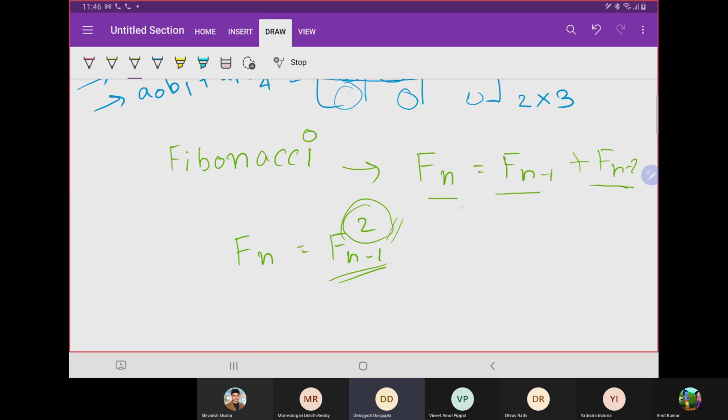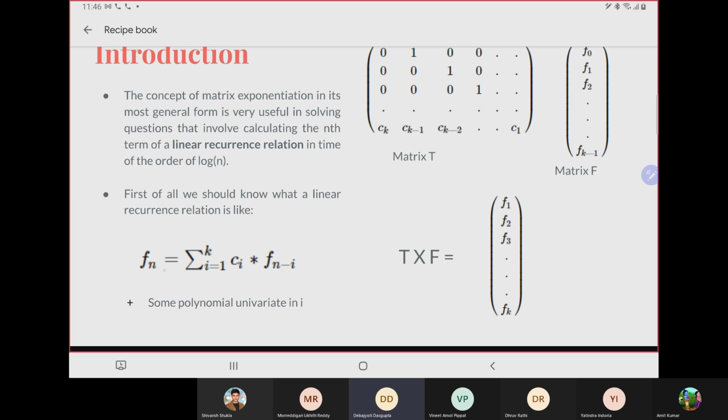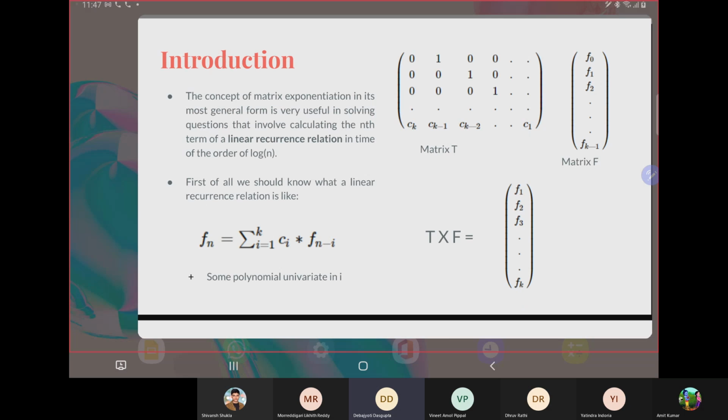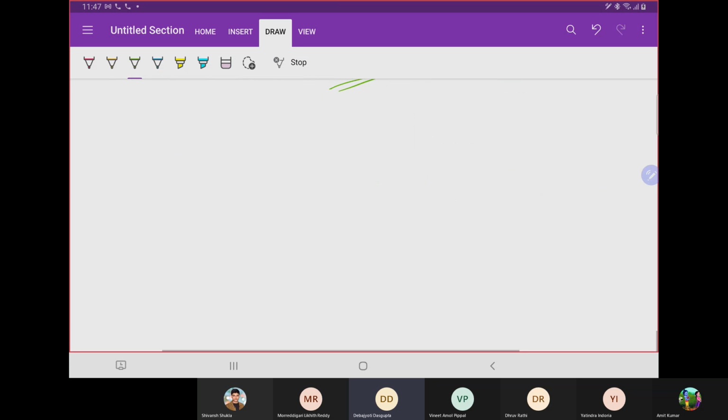So hence linear recurrences are always of this form: Fn equals sigma from 1 to k of some constant ci into f of n minus i. F of n minus i is some previous term that had already come in the sequence. Also, we can add some polynomial univariate in i. So what is a polynomial univariate in i?